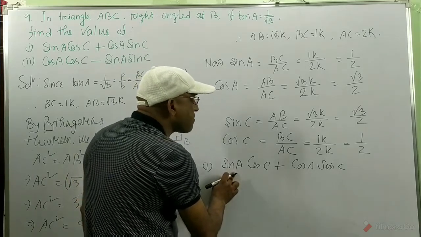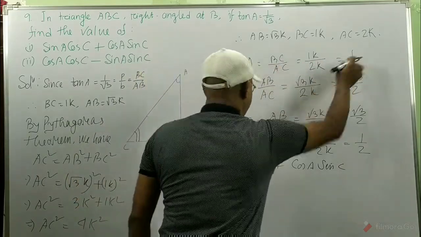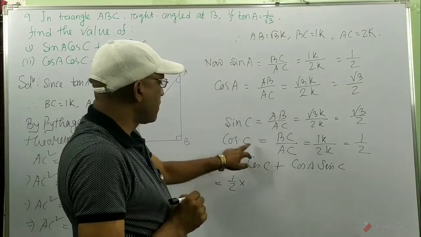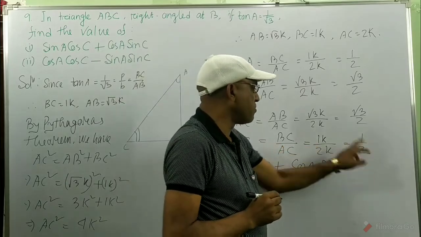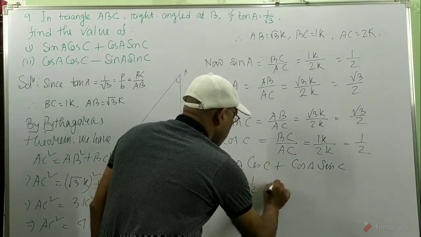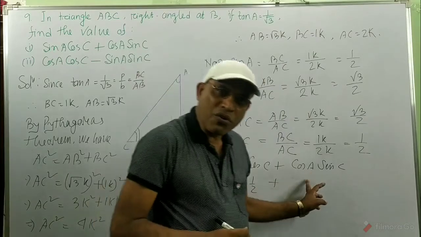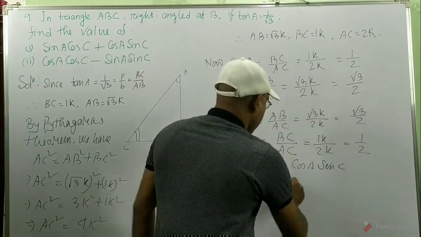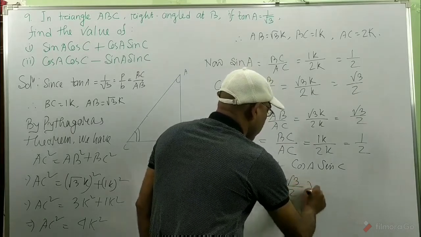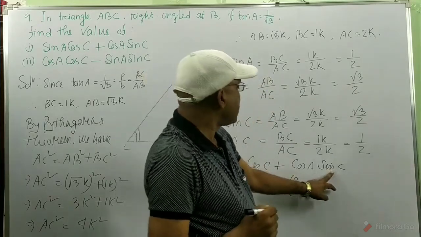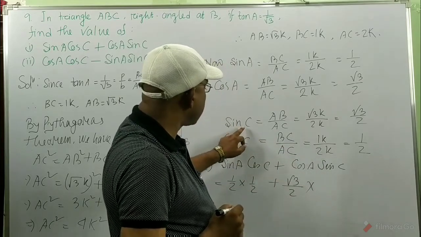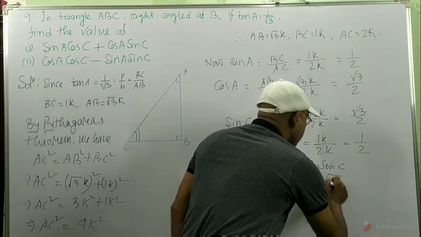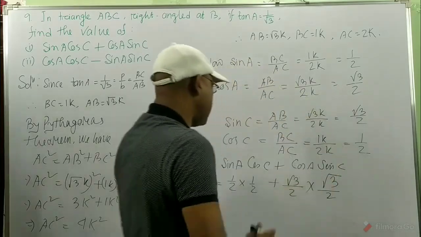Sin A is 1 by 2, into cos C, which is 1 by 2, plus cos A, which is root 3 by 2, into sin C, which is also root 3 by 2.